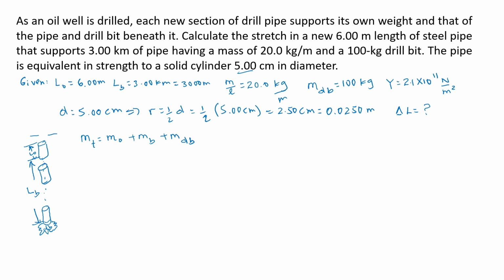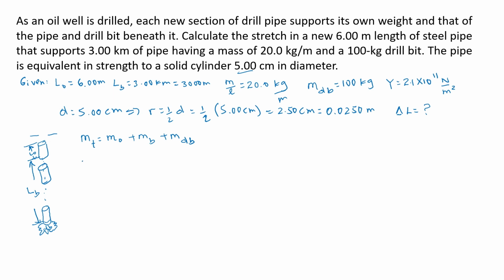Alright, so mass of the pipes is not directly given, but we are told their length, and we are also told that every meter of these pipes has a mass of 20.0 kilogram.